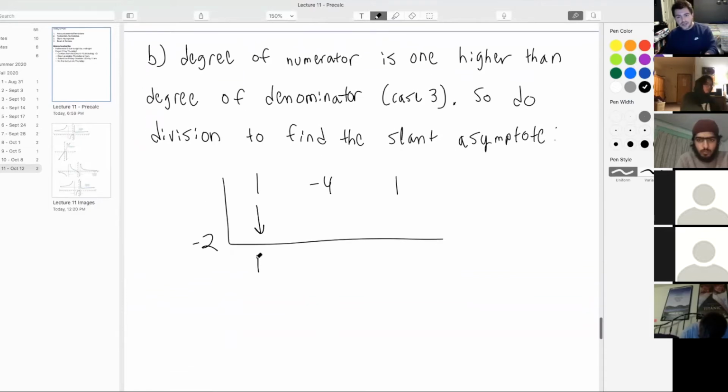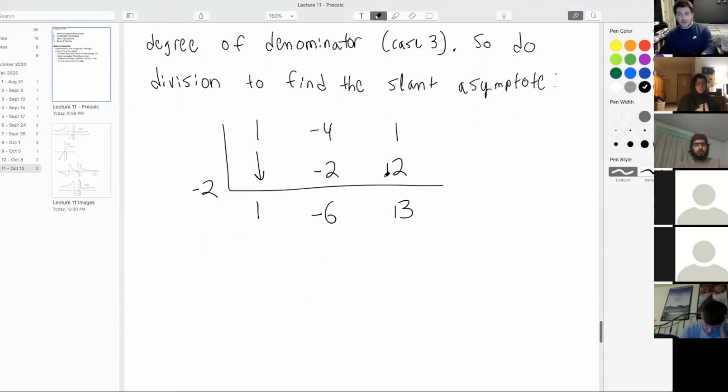Bring down the 1, I get 1. 1 times -2 is -2. Add up this column, -4 plus -2 is -6. Multiply -6 by -2, it's +12. 12 plus 1 is 13. Excellent. So I don't really care about this last number, 13, because that's the remainder. That doesn't matter right now. All I really care about is the quotient, okay? And that's all the numbers to the left of the remainder.